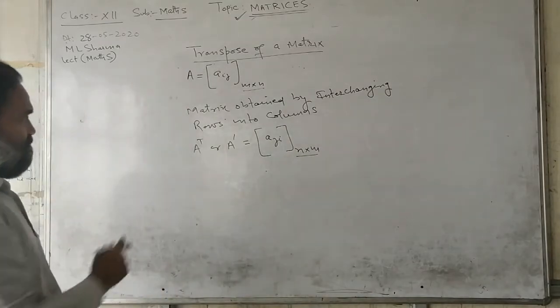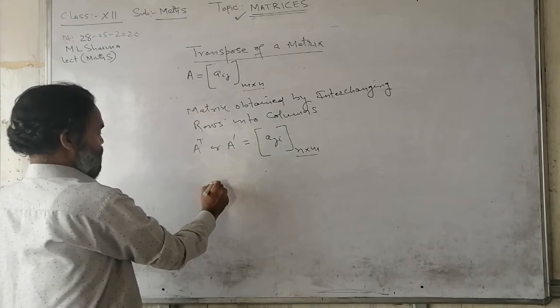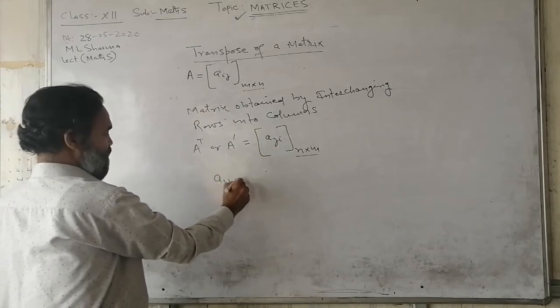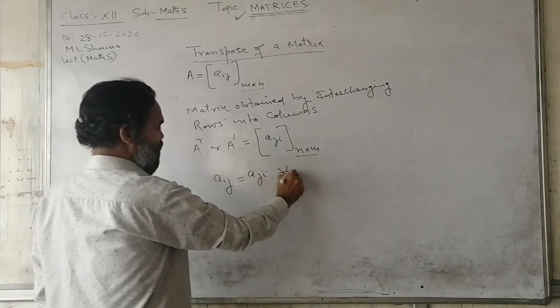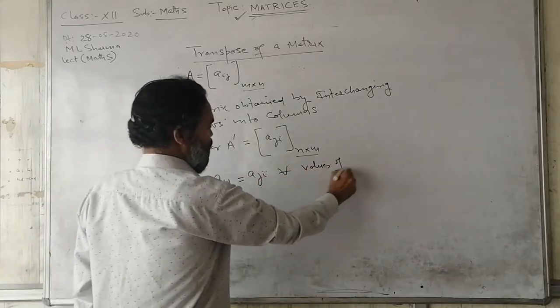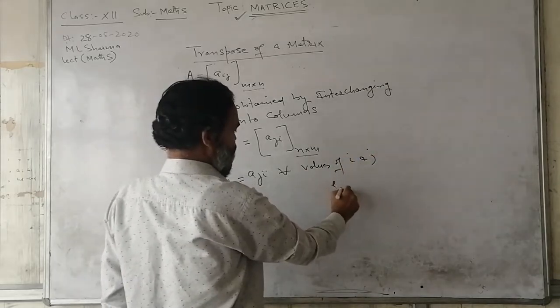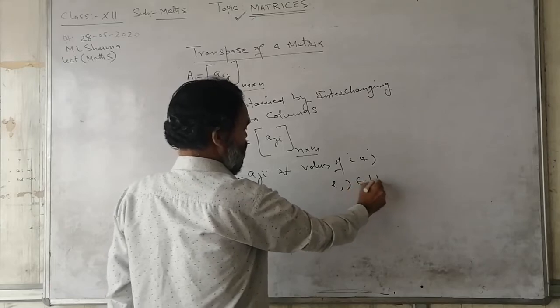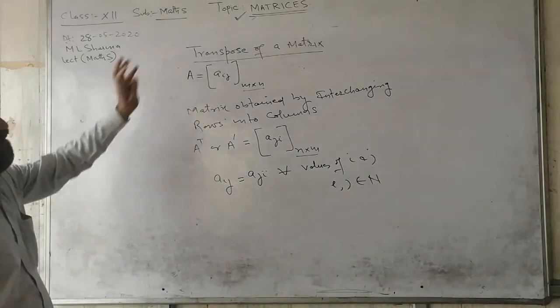So that means I can say Aij equals Aji for all values of i and j, where i and j belong to natural numbers. So this is the transpose of a matrix.